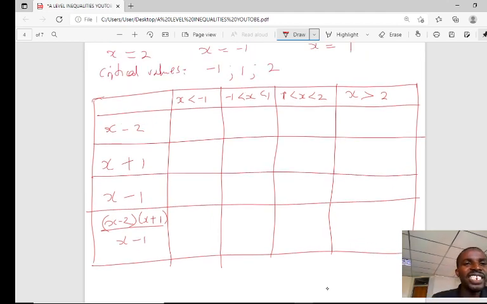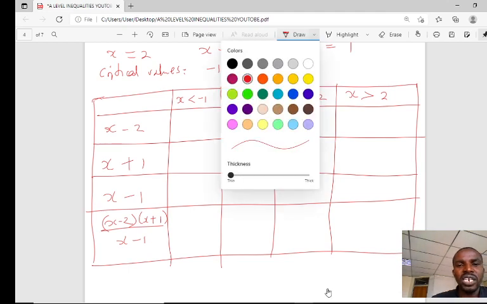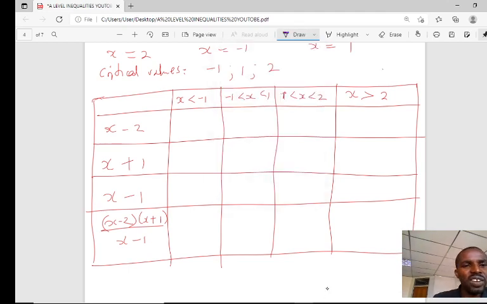Then the test values. For x less than minus 1, we can take minus 2. For x between minus 1 and 1, we can use 0. For x between 1 and 2, we can use 1.5. For x greater than 2, we can use 3 as our test values.